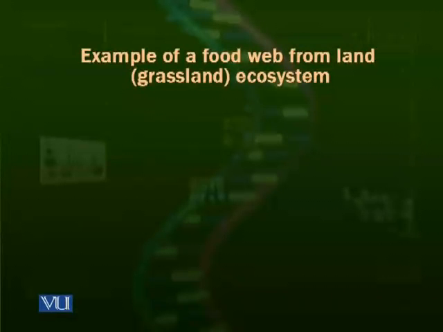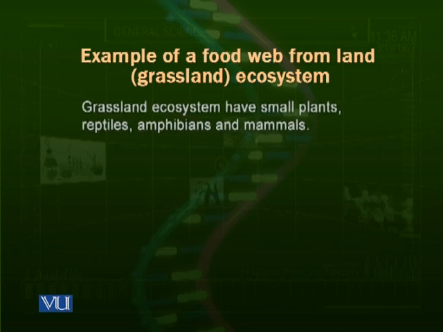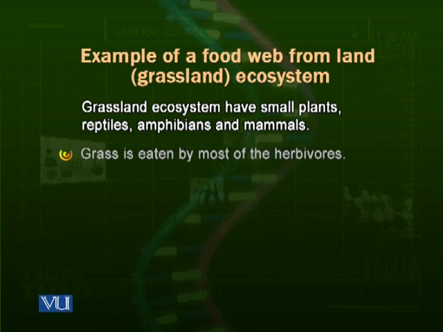We take an example of a grassland ecosystem. We know that in a grassland ecosystem, there is a diversity of life. There are diverse forms of animals present. There are amphibians, reptiles, mammals, and different types of grasses. But grass is eaten by most of the herbivores.